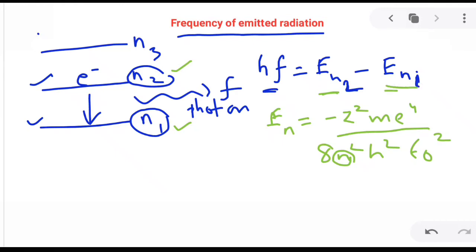So if you make that substitution, this equation can be written as f is equal to 1 by h times (En2 minus En1).